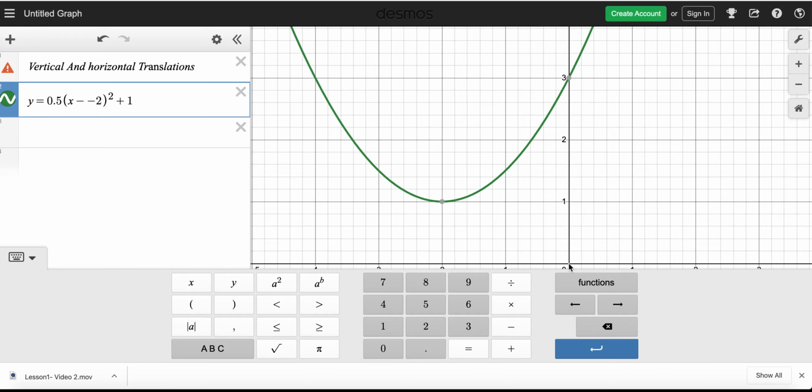It started here, it moved 1 up, it moved 2 to the left, and now we can apply a vertical compression here. And this is the transformed curve, or transformed parabola. Now let's write it in a more technical way. That would be plus 2.